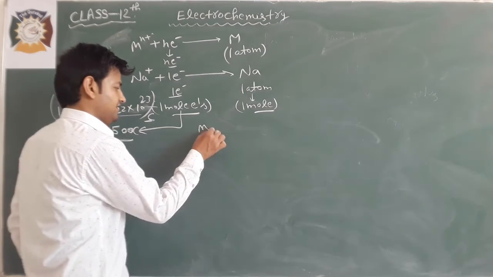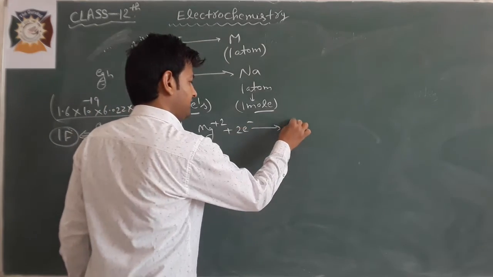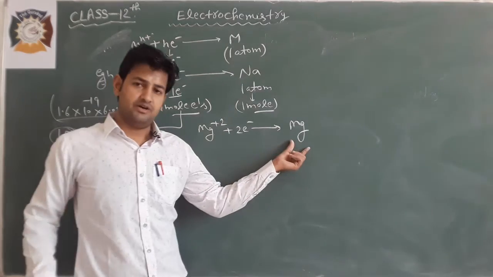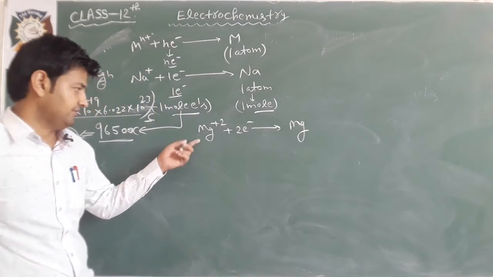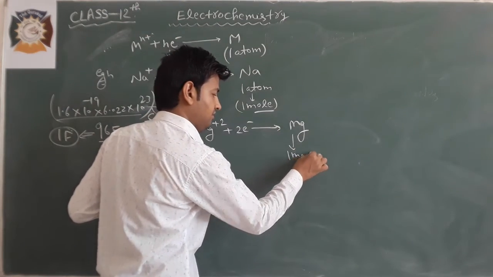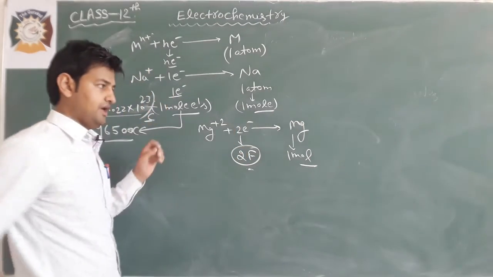Second case, in case of Mg plus 2, 2 electrons are required, so it gives Mg. If we want to deposit 1 mole of magnesium, what quantity of electricity is required? For the deposition of 1 mole of magnesium, there is a requirement of 2 Faraday.